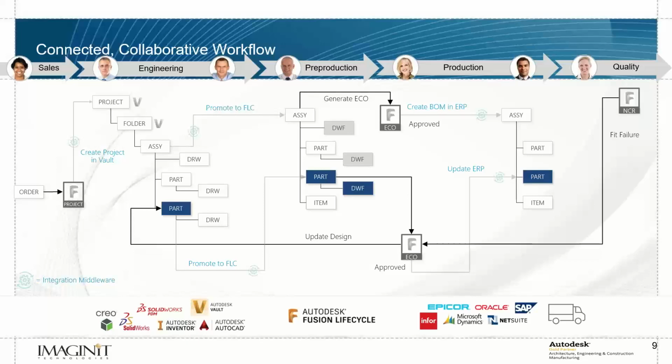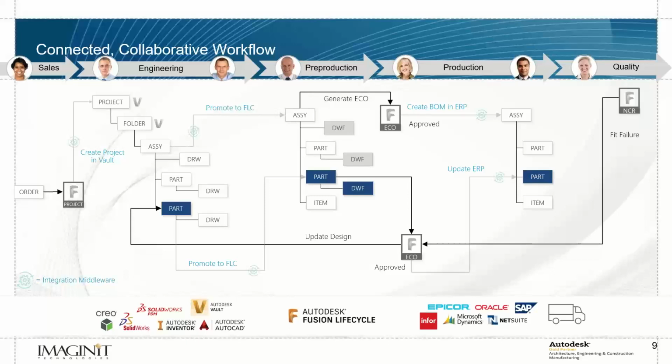Fusion Lifecycle can take that information and review it with production and pre-production. If there's any changes that need to be made, those can be sent back to be updated. If we can take this all the way out to quality, and if there's an issue with quality, it's going to push that back. So this would be a great place to get to, where we start something in Fusion Lifecycle and we can push it right back into other tools that we have and begin to push this information back and forth.